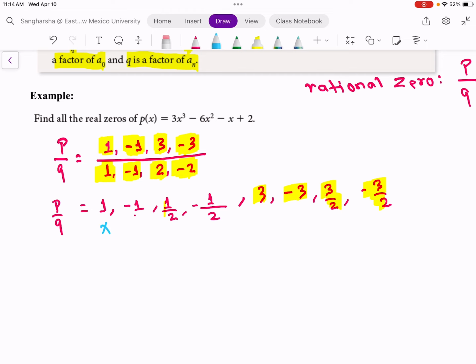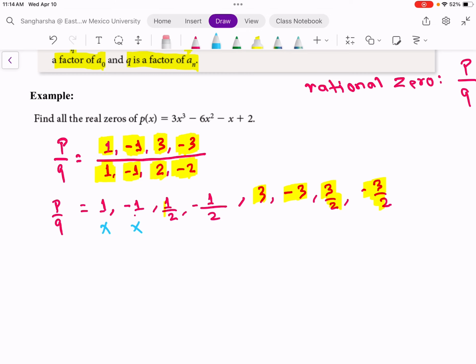If you substitute negative 1 for every x, we have 3 times negative 1 cubed, that is negative 3. So we have negative 3 minus 6 times negative 1 squared, we get negative 6. So that is negative 9 plus 1, negative 8, plus 2, negative 6. So negative 1 is not a real zero here.